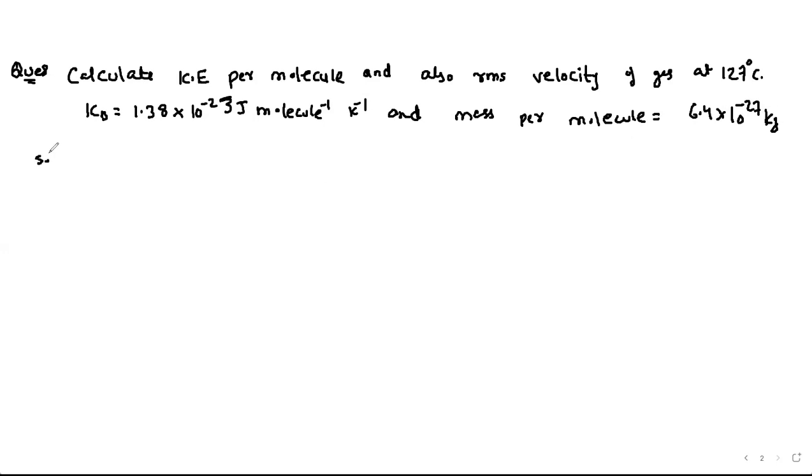You can use your calculator, it's a bit lengthy calculation. First you will calculate the kinetic energy and then you will calculate the RMS value, because kinetic energy is half mv square, and that v is the RMS value.